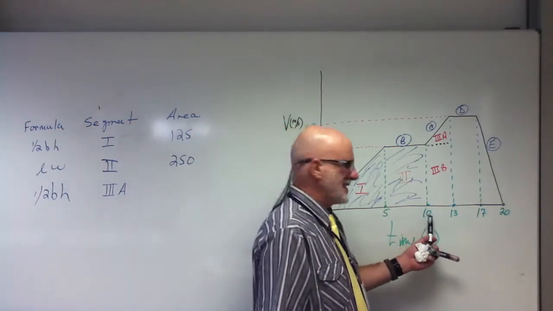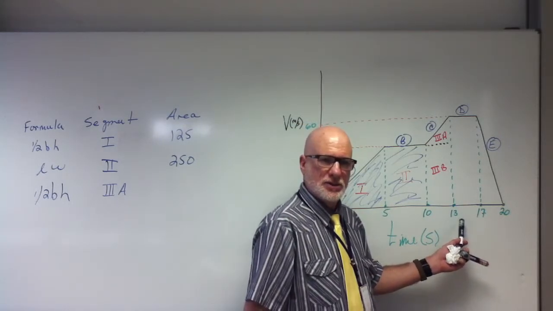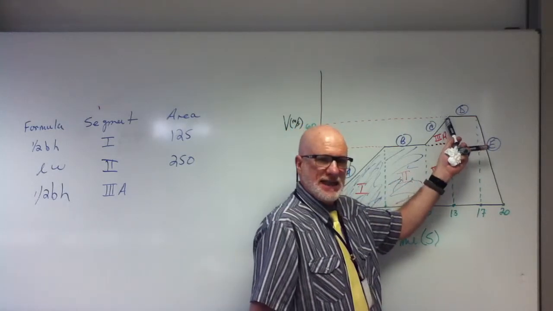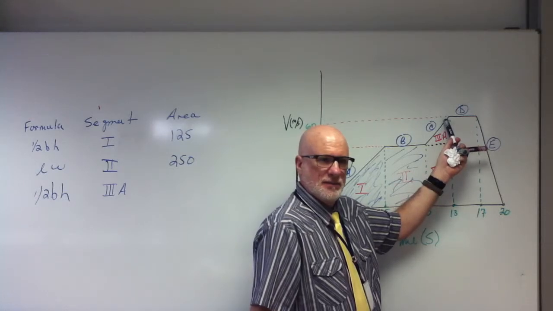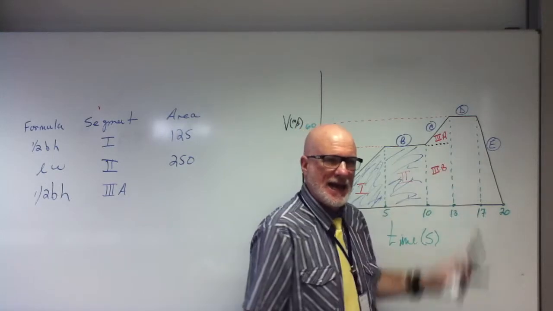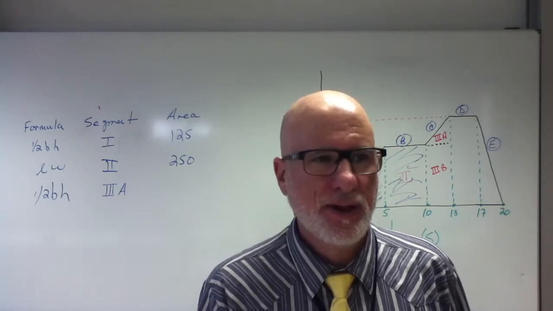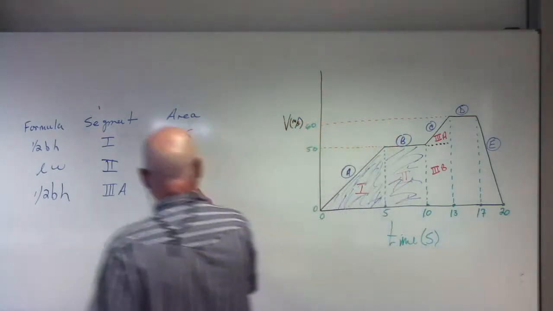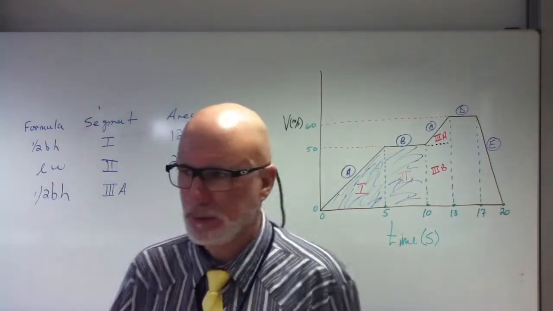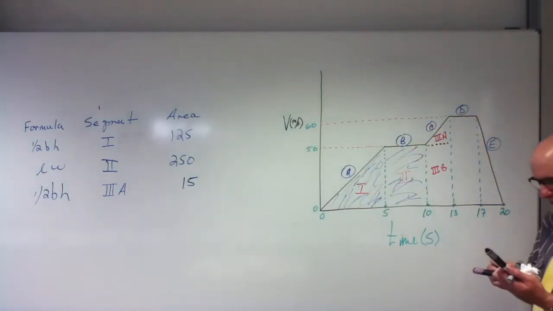So it goes from 10 to 13, which is 3. It goes from 50 to 60, so this is 10. What's 3 times 10? 30. What's 1/2? 15. So do you see that this is going to be 15? Yes or no? Yes. Are you sure? Yes. You're positive? Yes. Excellent.